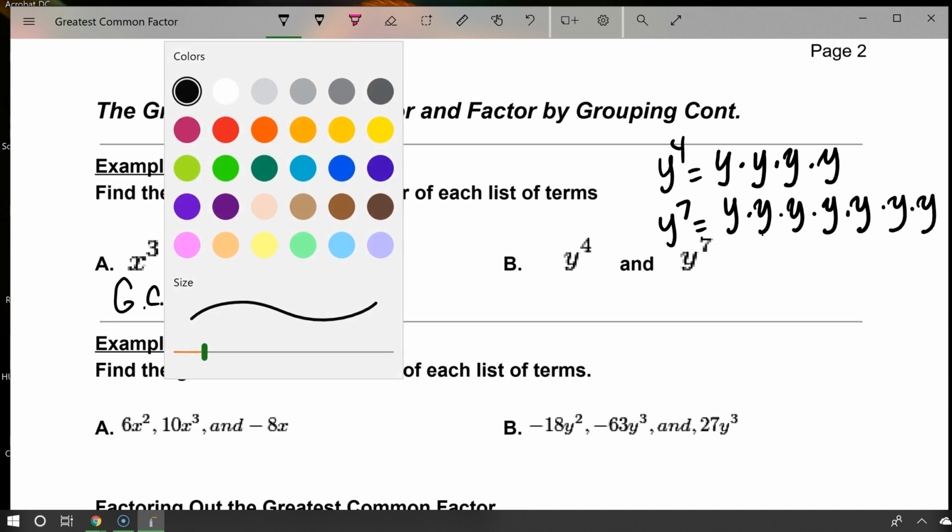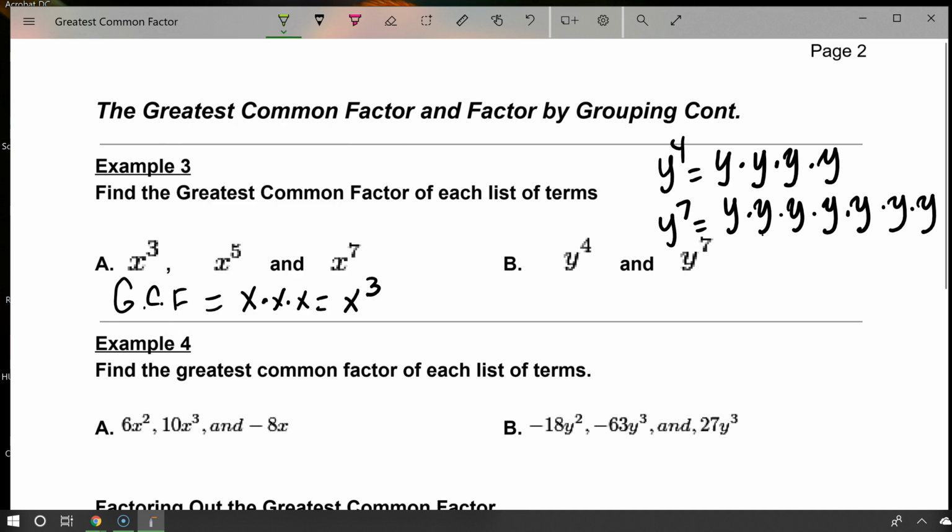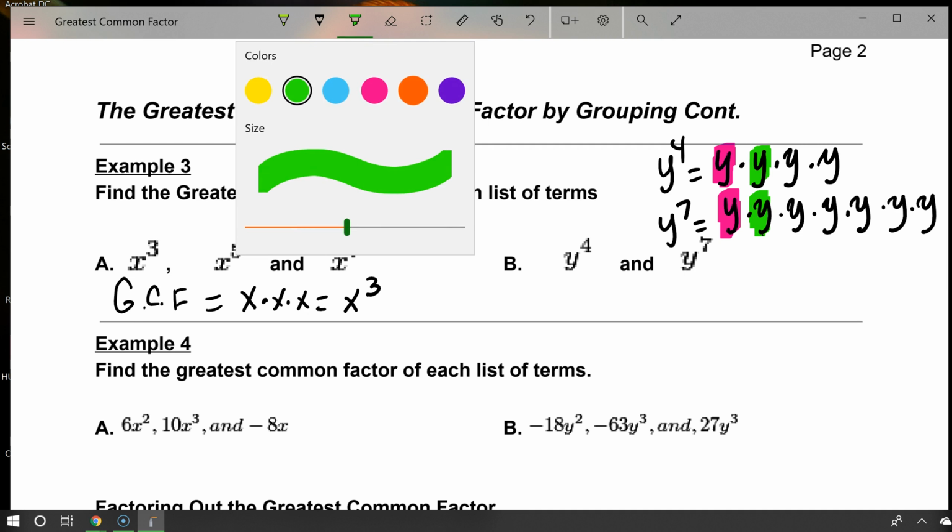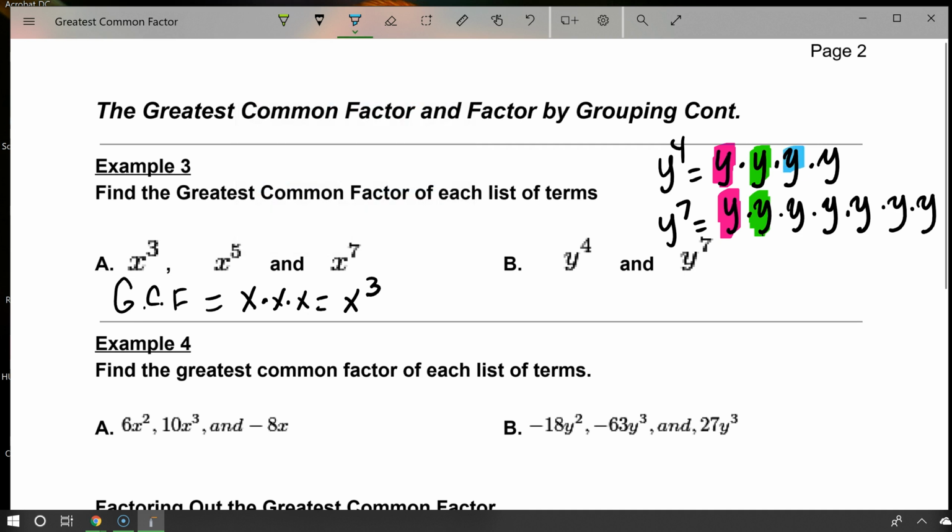And now we have to figure out how many they have in common. We have this y in common, this y in common, this y in common, and this y in common.